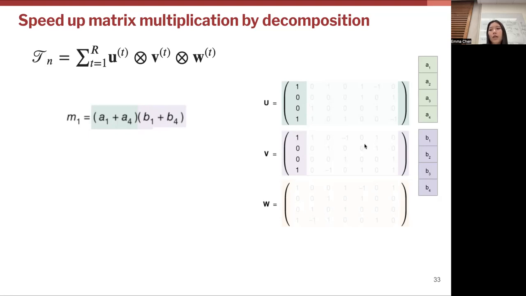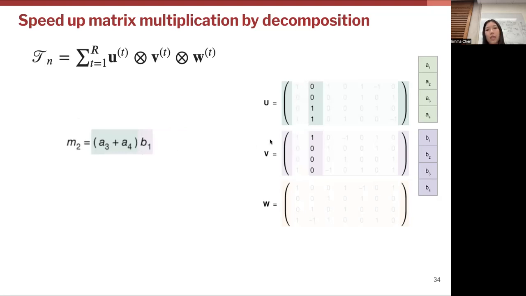Similarly for V, if I mask the B vector with 1, 0, 0, 1, I'll have B1 and B4 remaining, and I'm going to sum them together. Then I'm going to multiply the sum A1 plus A4 by the sum B1 plus B4 to get my first intermediate value, M1.